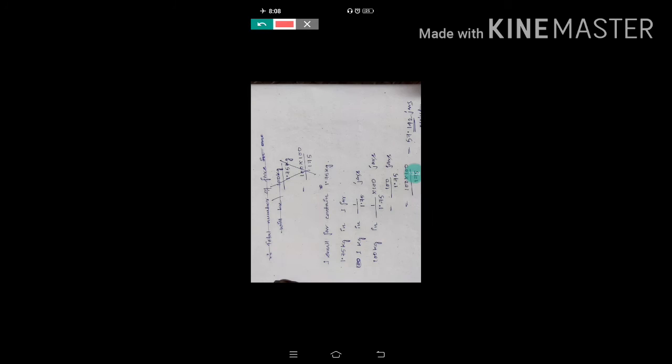The capacity of that small jar is given as 1.75 kilogram. So for this calculation, one small jar contains 1.75 kilogram. That means 1.75 kilogram in one jar. This we are considering in the small jar case.